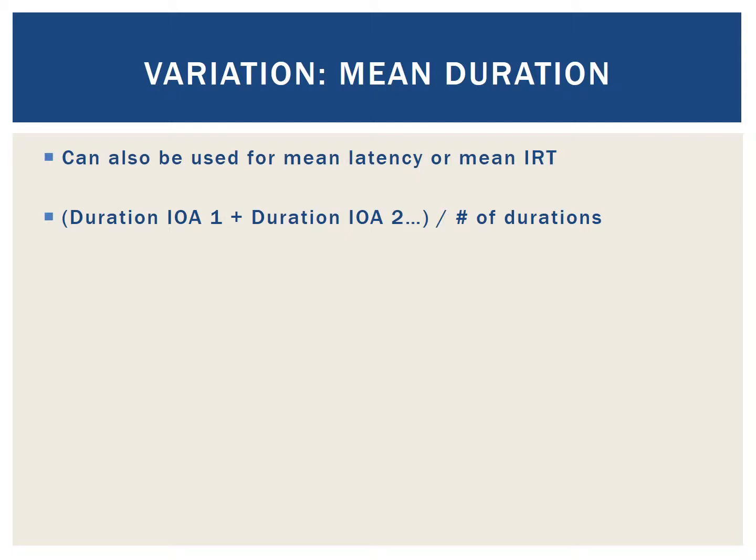So the same way that you're improving the fidelity or the accuracy of the frequency IOA, this has the same effect on the duration IOA. It's going to be more sensitive, because the chance that you might have an inflated score at the end of an interval is minimized.